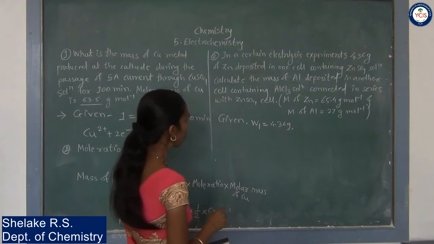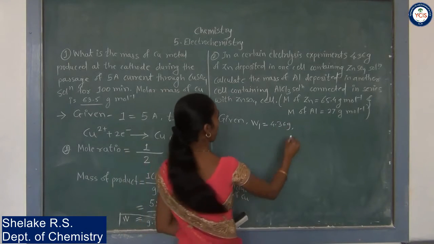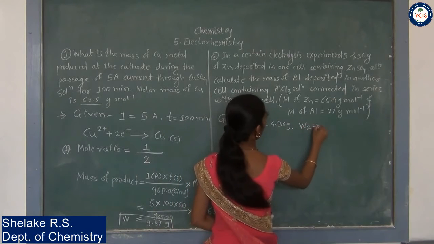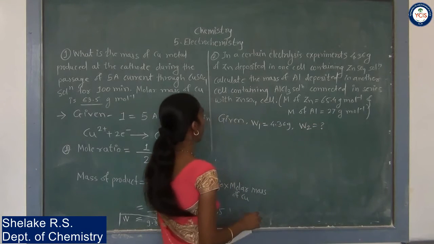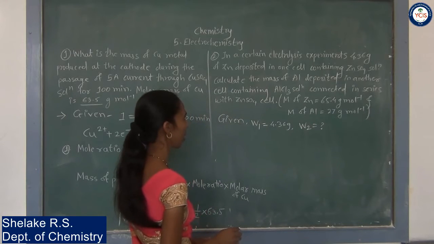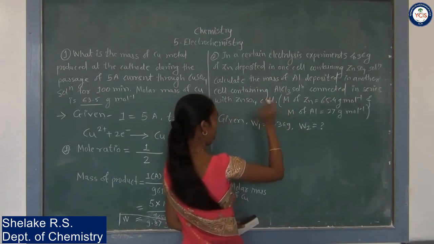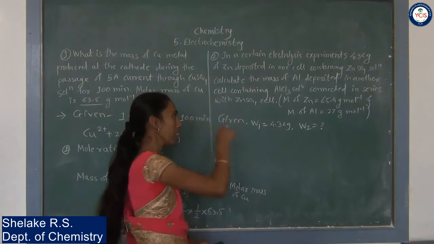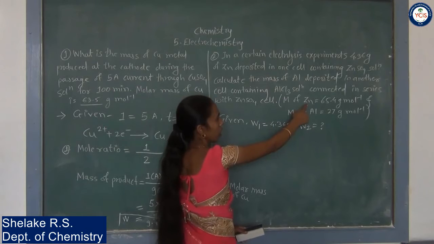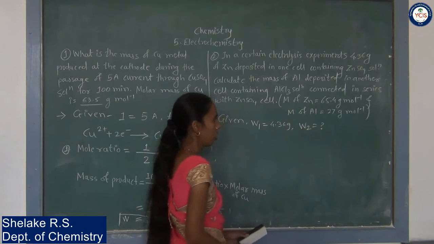Then calculate the mass of aluminium, meaning we have to find W2. Another cell contains aluminium chloride solution connected in series with ZnSO4. Then the molar masses are given. Suppose ZnSO4 is the first cell, then M1 is 65.4 and M2 will be 27.